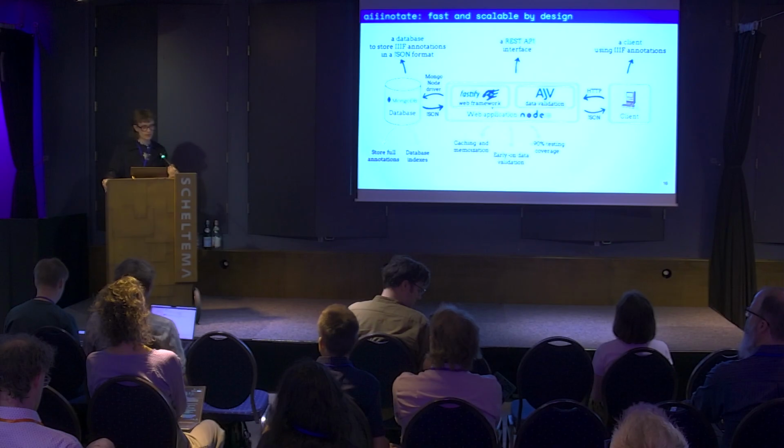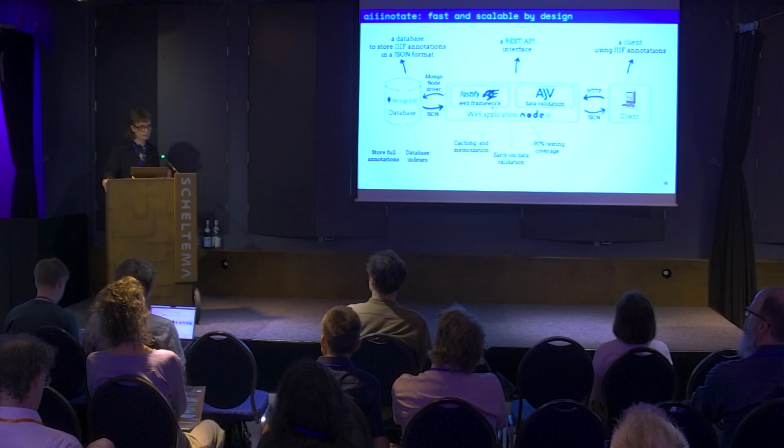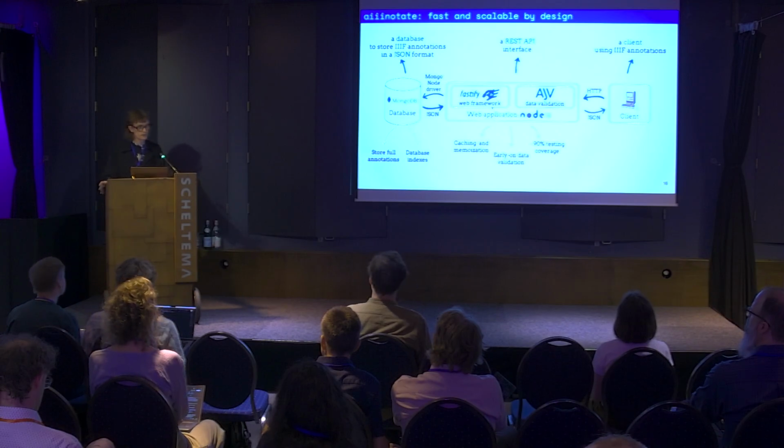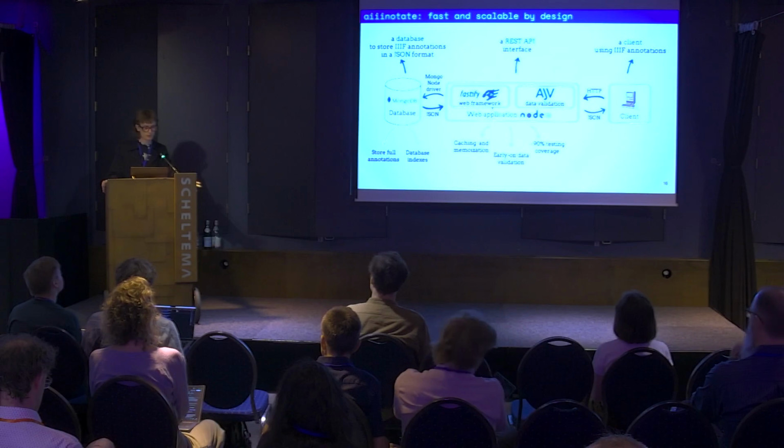The big advantage that this provides is that if a client wants to read an annotation, we just need to find it in the database and send it to you as is, and we don't have to lose time doing complex reformatting of the data so that it can become valid IIIF. We also do have, obviously, database indexes to make your queries run faster on frequently queried fields. So this is pretty much a summary of how Inotate works.